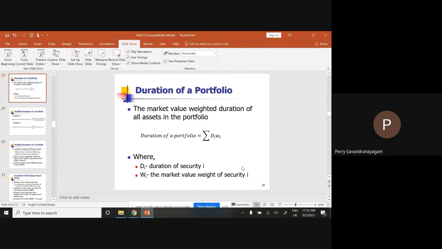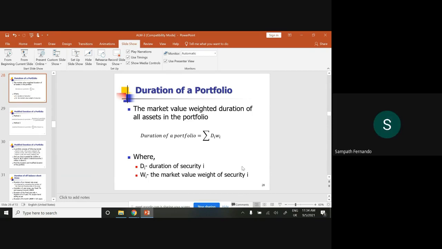So in other words, can I explain that to you? So for example, if you take the security in its pure sense, one security will have a market value of 95 based on where the yields are, correct?